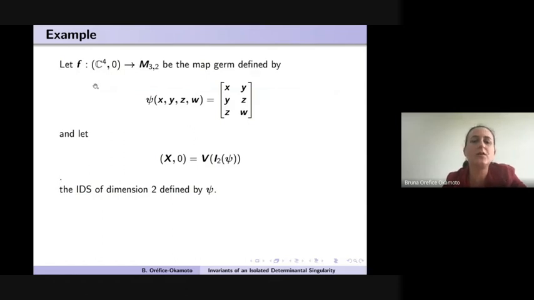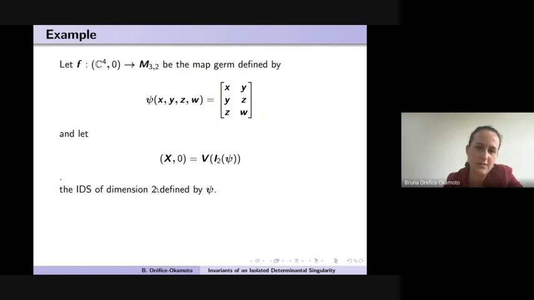So, I consider F from C^4 to M_{3,2}, the map germ defined in this way. I take (x, y, z, w) to this matrix here. And I take X, the determinantal singularity, defined by the minors of size 2 of this matrix.